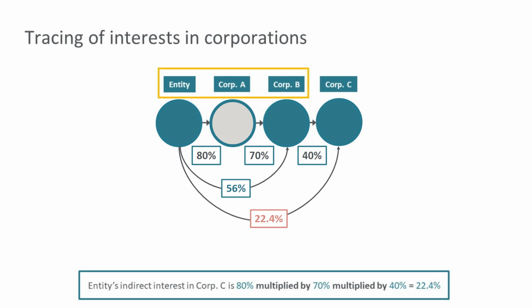Therefore, under the tracing of interest provisions, the entity forms a group with Corporations A and B because its direct interest in Corporation A and its indirect interest in Corporation B both exceed 50%. Corporation C does not form part of the group because the entity's indirect interest in Corporation C is less than 50%.